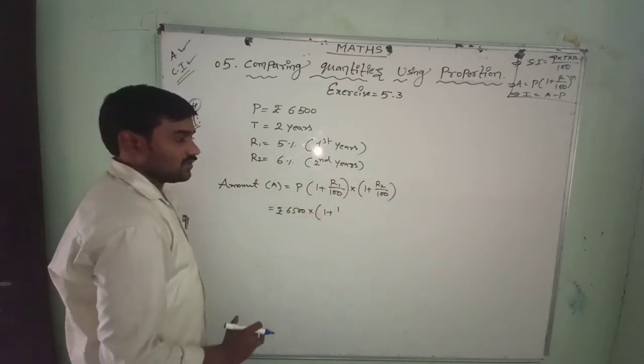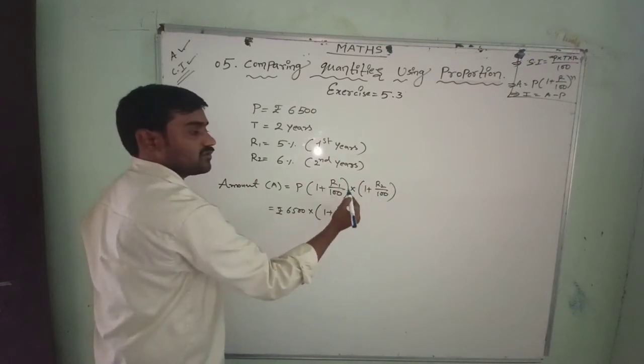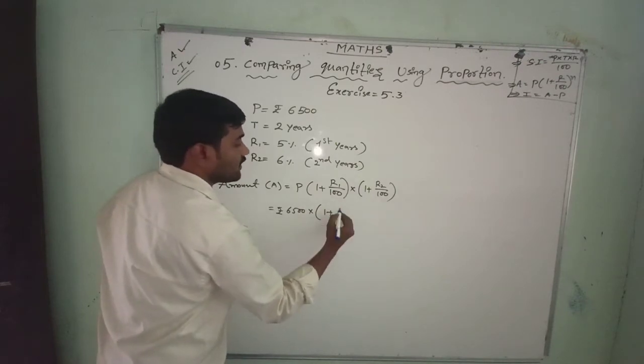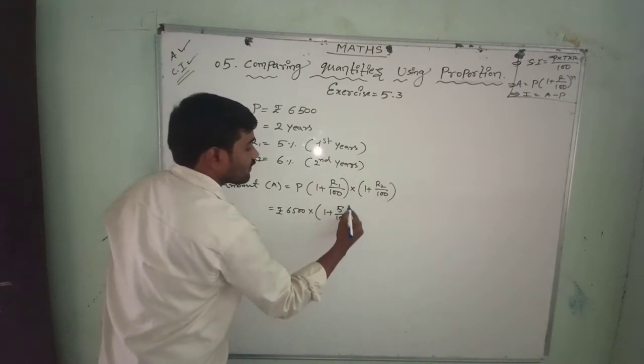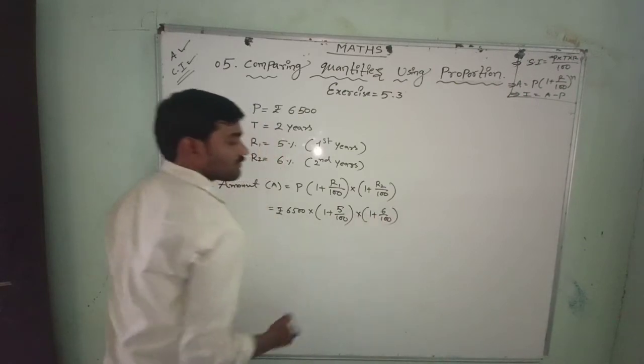The amount formula is modified here: instead of writing the power 2, we take first year 5%, second year 6%, so R1 is 5% and R2 is 6%.